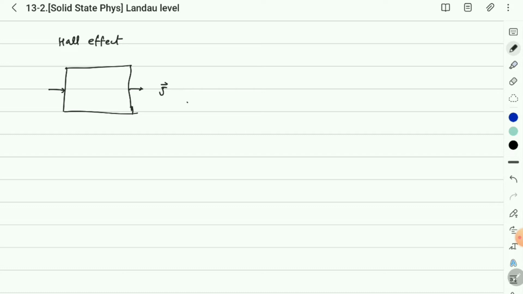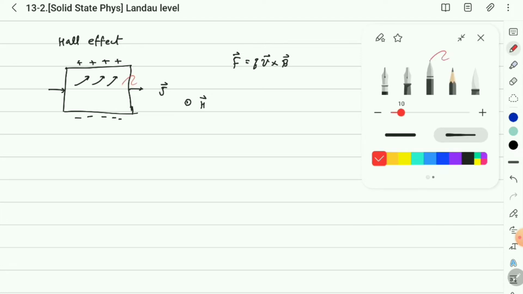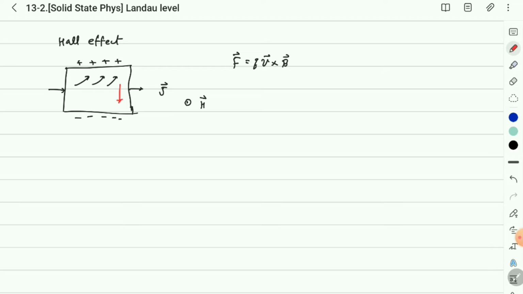Then when you apply a magnetic field in this region, there is the Lorentz force qv cross B, and positive charge can be accumulated on the upper side, and the image charge can form on the opposite side. Therefore the internal electric field can be like this, and we call it a Hall electric field. It is the Hall effect.